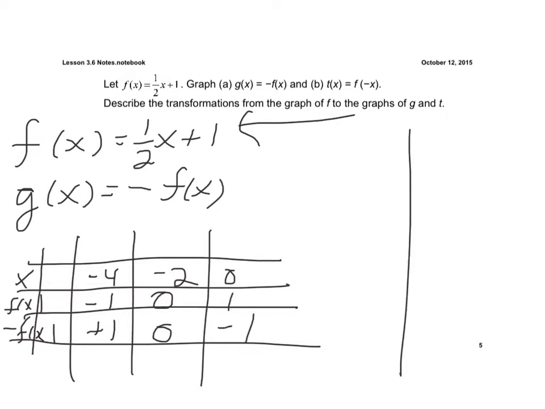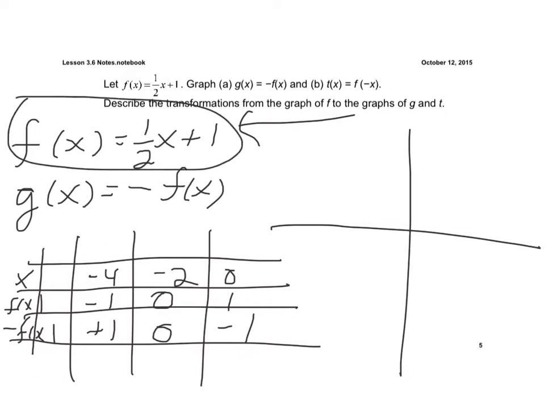Now let's graph that. The original function, I'm going to graph using slope-intercept form. I go up to 1, and then up 1 and over 2, and I have my graph. If you notice, these points, the -4, -1, are all right there.